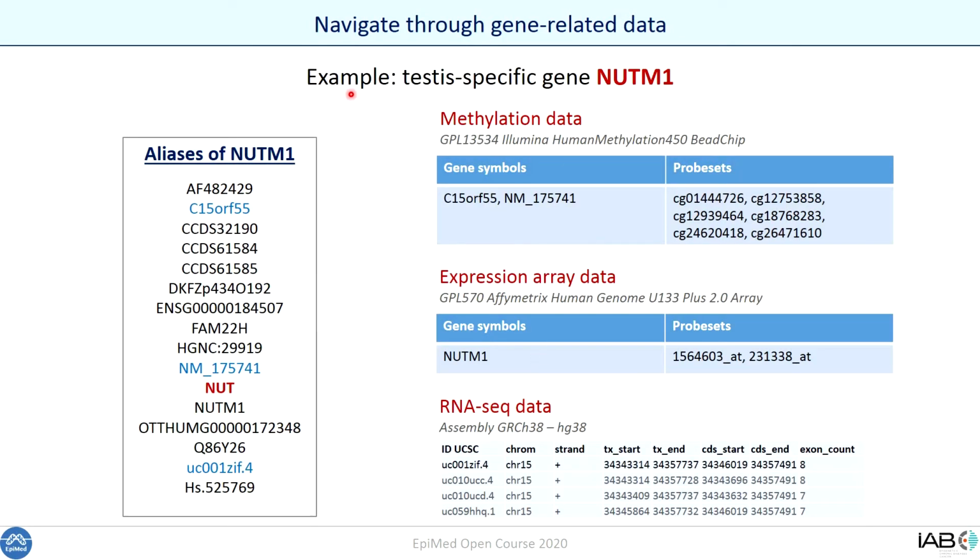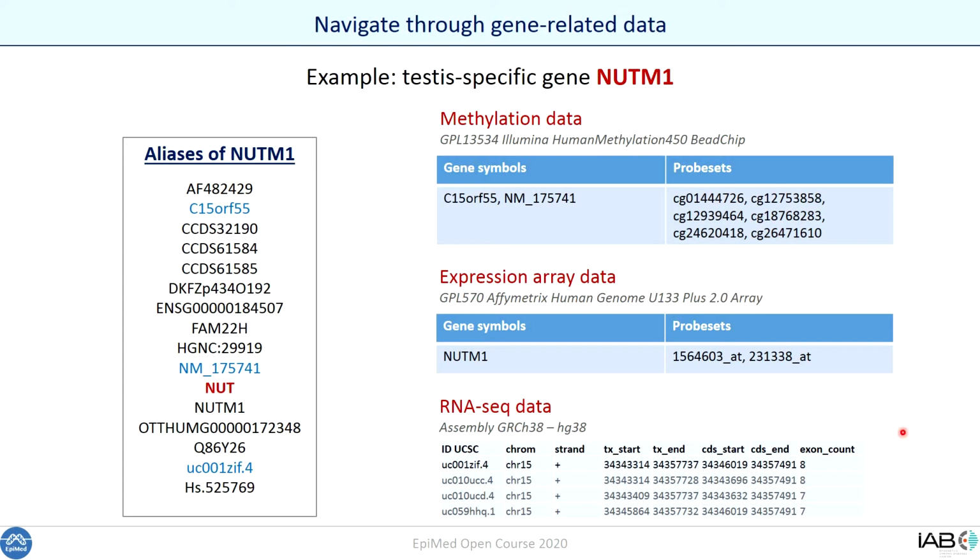And here on this slide you can see an example for one gene, NAT-M1, which is a testis-specific gene. Here you can see, not all, but a selection of possible alternative names, aliases for this gene. Very often it is named as NAT in publications, but in fact it's an old gene symbol for NAT-M1, and now it's named NAT-M1.